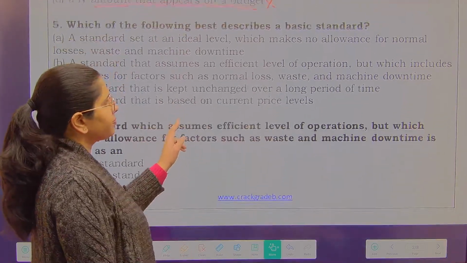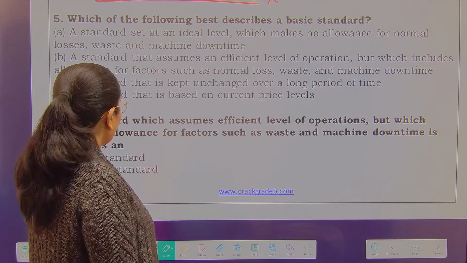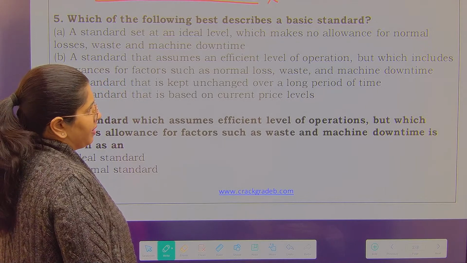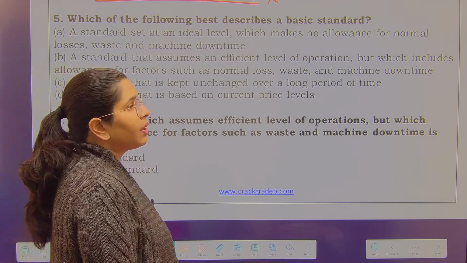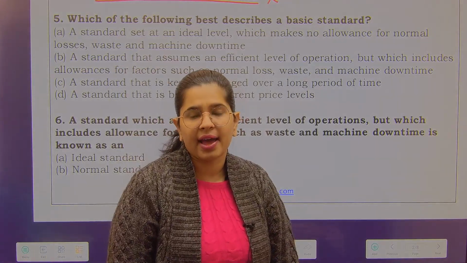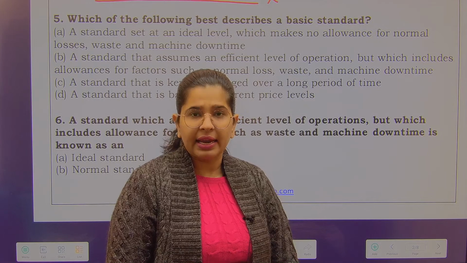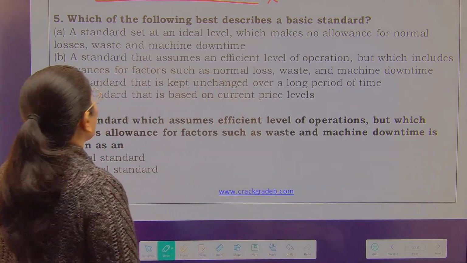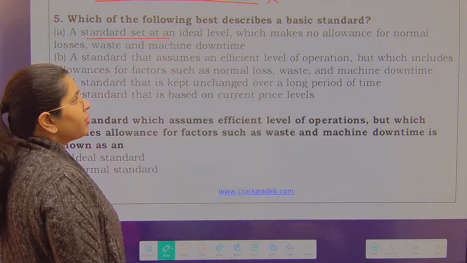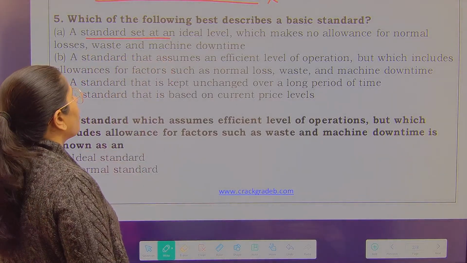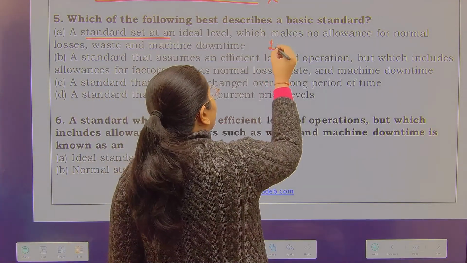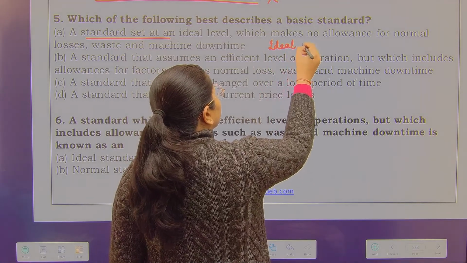Next is, which of the following best describes a basic standard? See, I have told you the ideal standard, currently achievable standard, basic standard. I have given you the definition of all these, right? So the definition: a standard set at an ideal level which makes no allowance for normal losses, waste and machine downtime. This is known as the ideal standard, right?